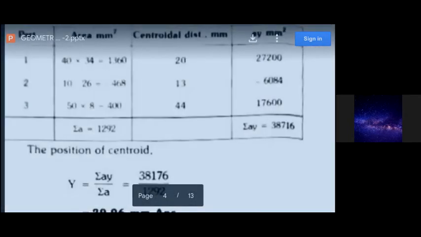Okay. Next, sigma AY. Sigma AY is equal to A1 Y1 minus A2 Y2 plus A3 Y3.